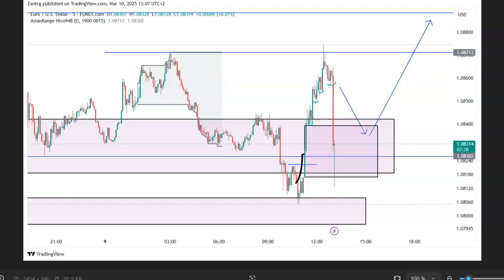So this is a very common pattern. Our plan, of course, once this structure shifted, is to see a retracement and then look for a potential target towards the buy side liquidity up here.